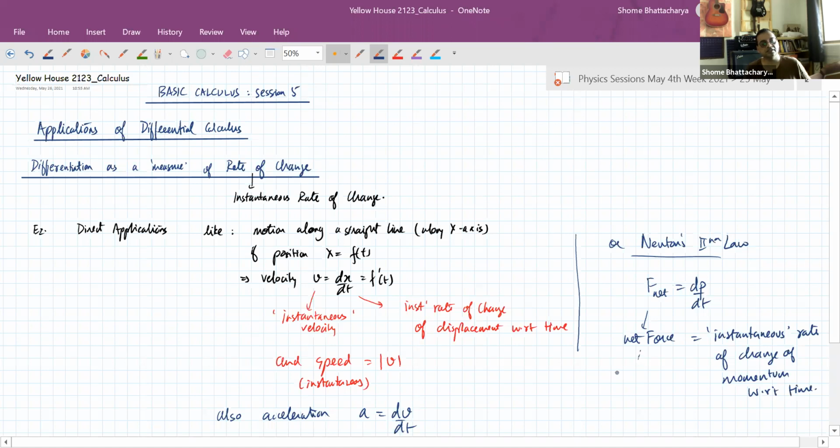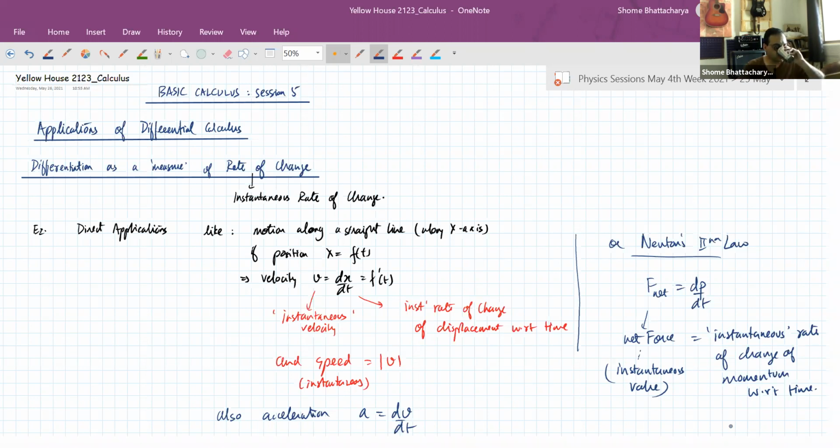So this is the instantaneous value of net force. That is equal to the instantaneous rate of change of momentum p with respect to time t. Okay, so let's just make a quick note of this if you want to. Then we'll look at an example or two based on this.